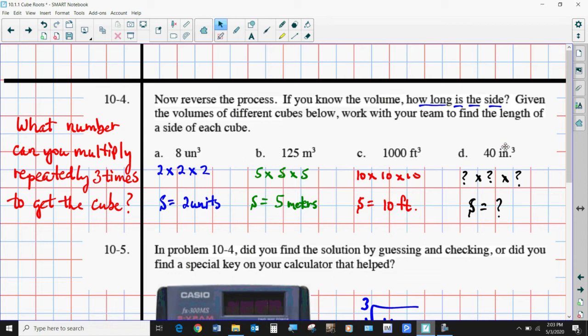And now we get to one that's a little bit trickier. What number do you multiply repeatedly to give you 40 for an answer?